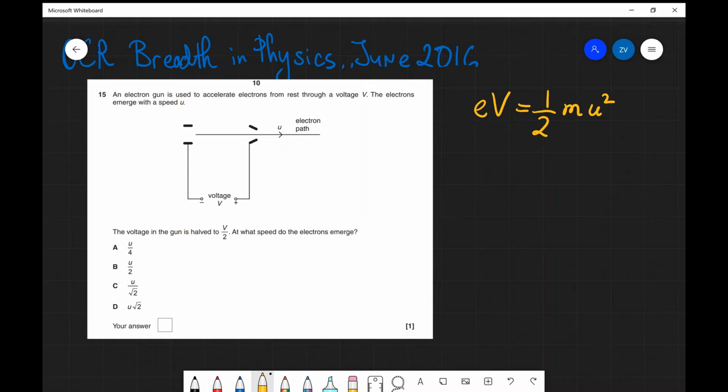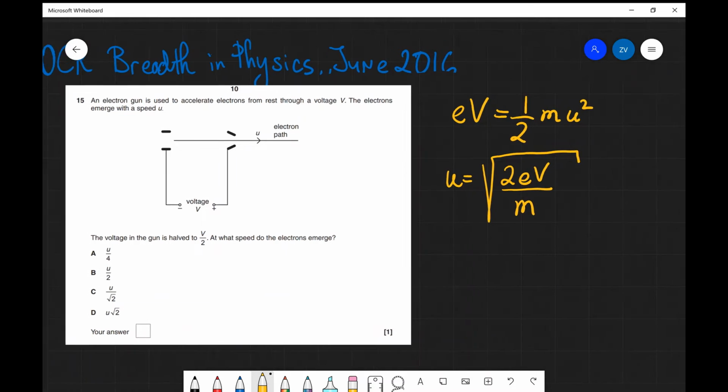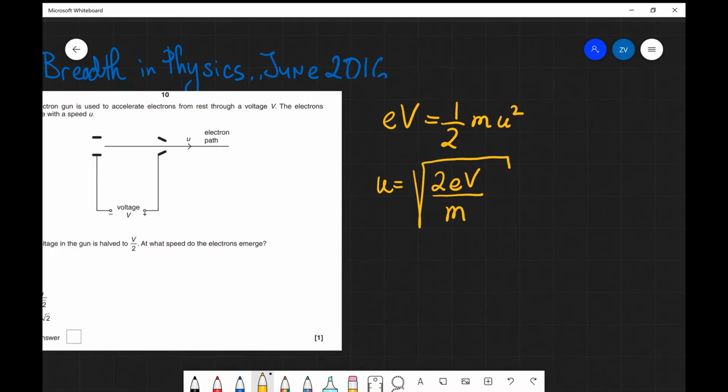So what we can do is just rearrange for the first speed u. So we know that u is going to be equal to the square root of 2eV divided by the mass. So this is just rearranging for u. Well, let's see what happens if we were to just halve the voltage.